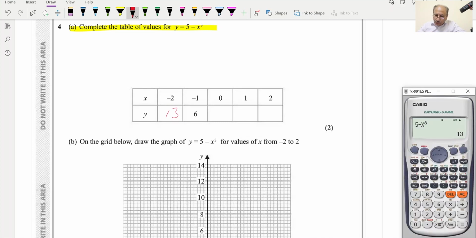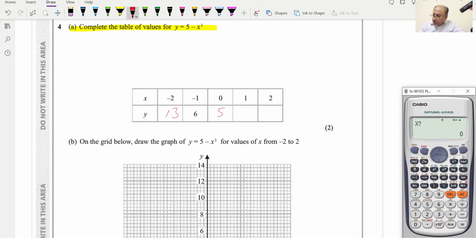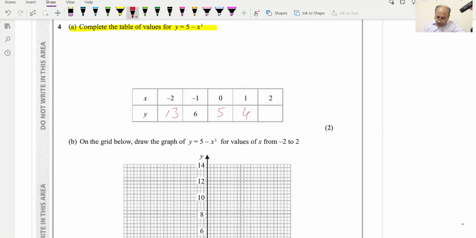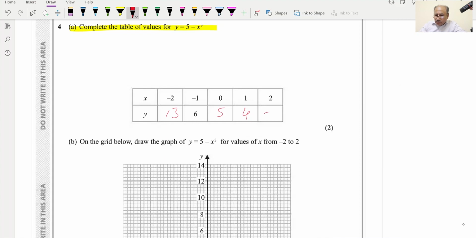Now we calculate for 0, which is equal to 5, for 1 we will get 4, and for 2 we are getting minus 3. So we can replace minus 3 over here.